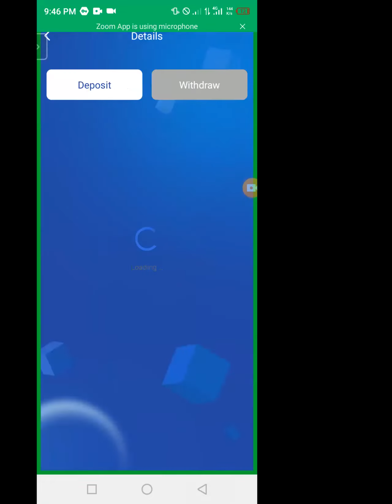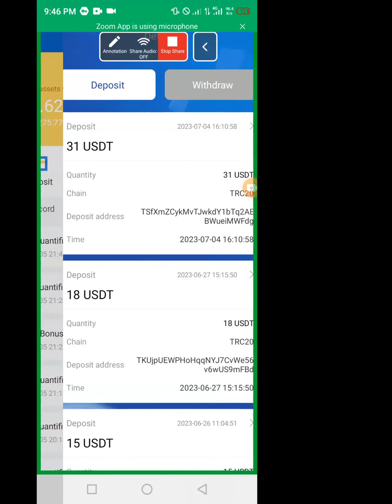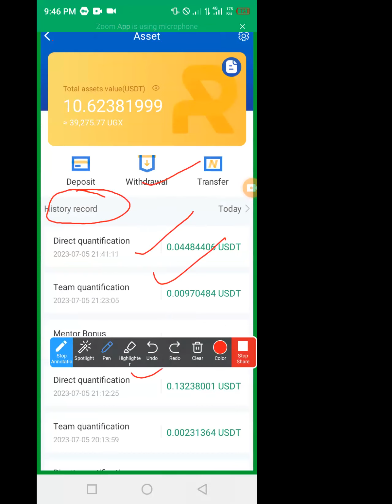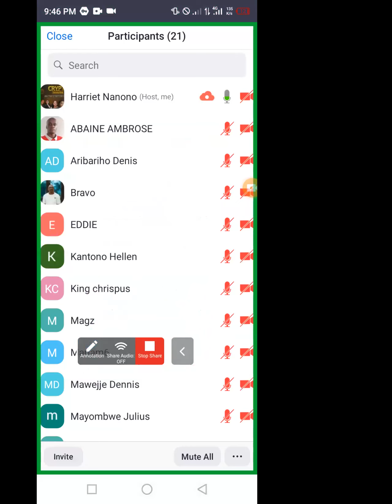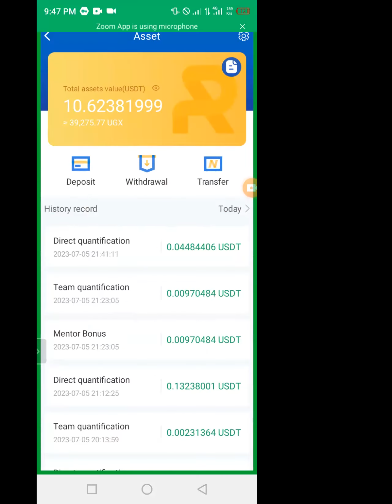Yes, when you come here, if you want to see how you have withdrawn and deposited, you just click on that one.